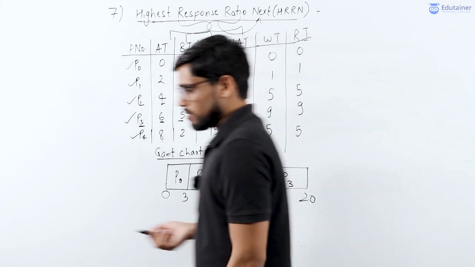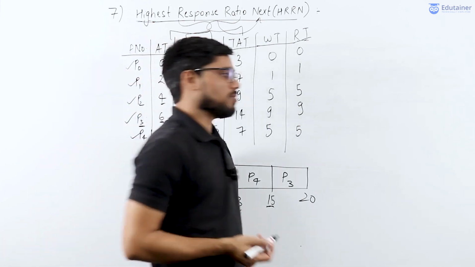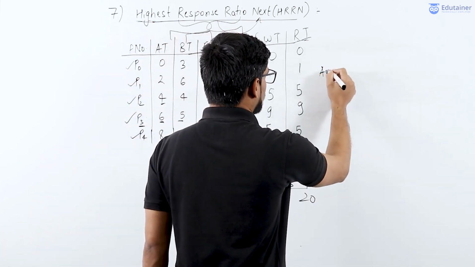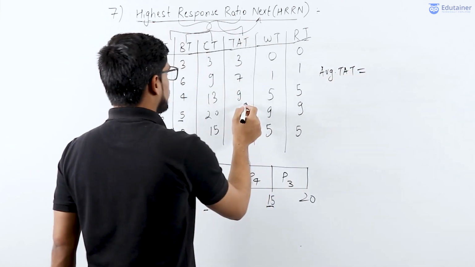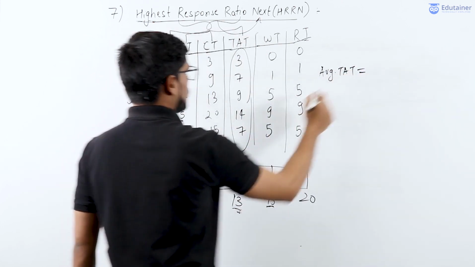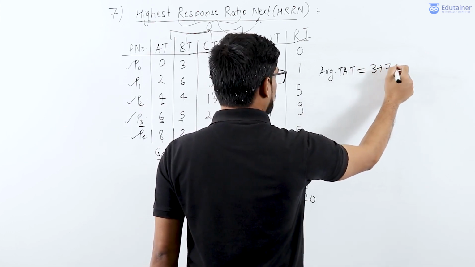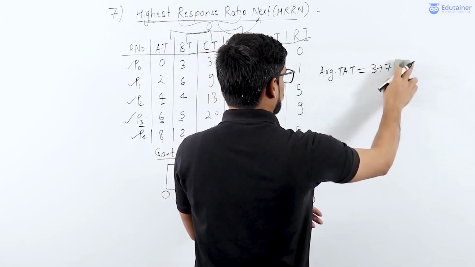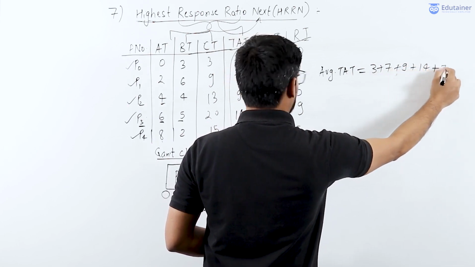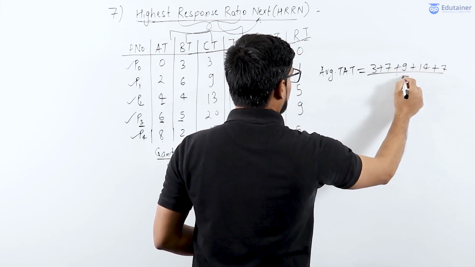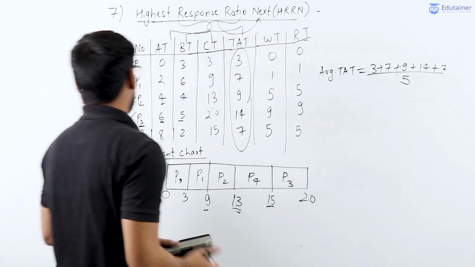After that, you can also compute average turnaround time or average waiting time. So the average turnaround time will be: just add this column, 3 plus 7 plus 9 plus 14 plus 7, divided by the number of processes available.